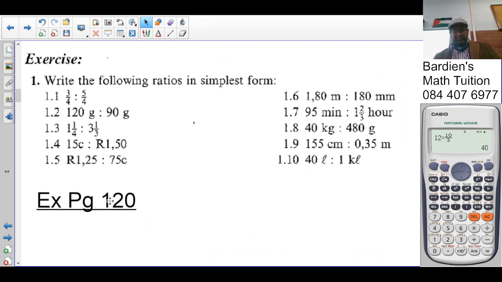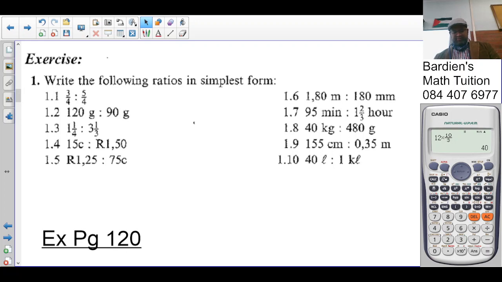Can you all see? Pause the video at this point.